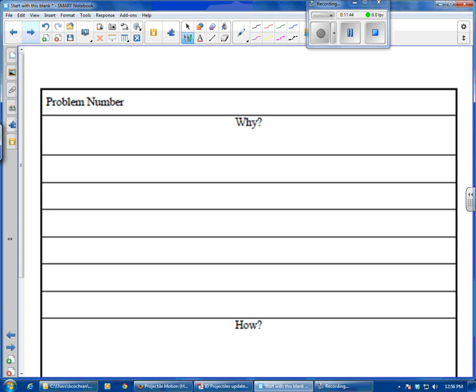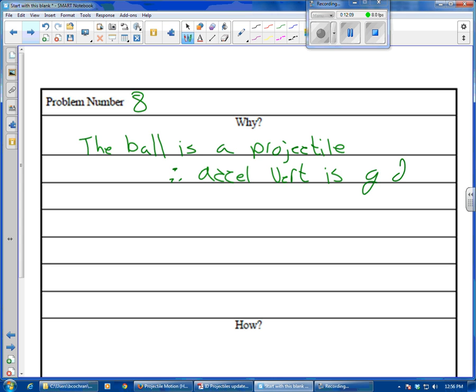So, number 8. The ball is a projectile. Therefore, a vertical is g down, and a horizontal is 0.